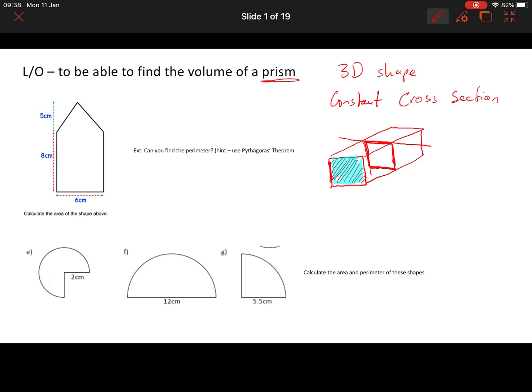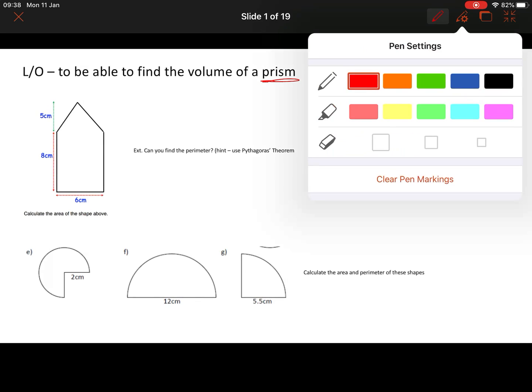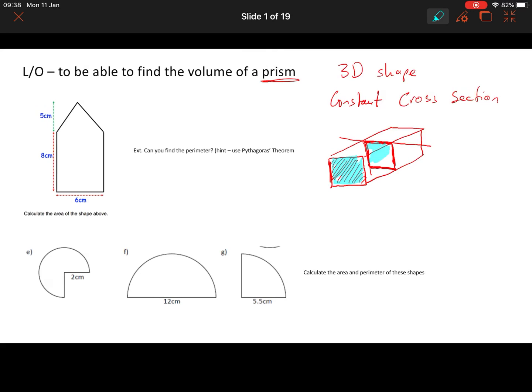I sliced it off there. Then the shape that you'd be looking at, that blue shape, would be exactly the same shape as it was before. So if you can imagine you could slice right across this three-dimensional shape, you would always get that same square every time you make a slice. So this is what makes something a prism.